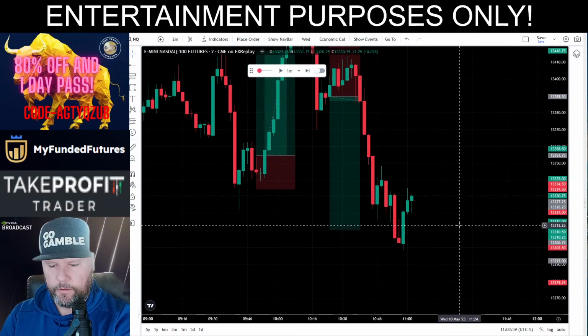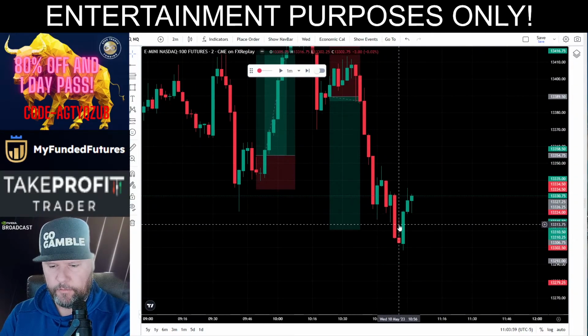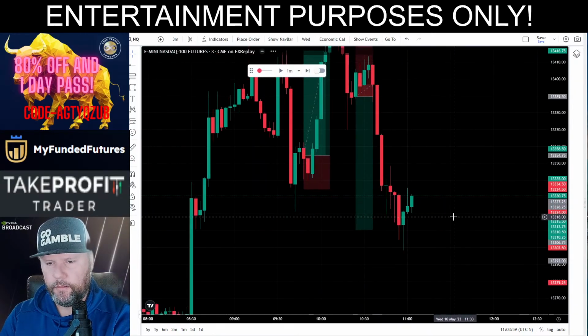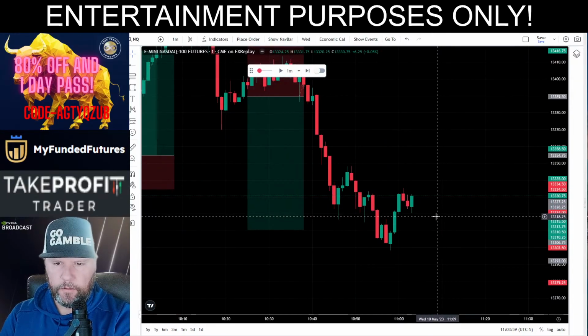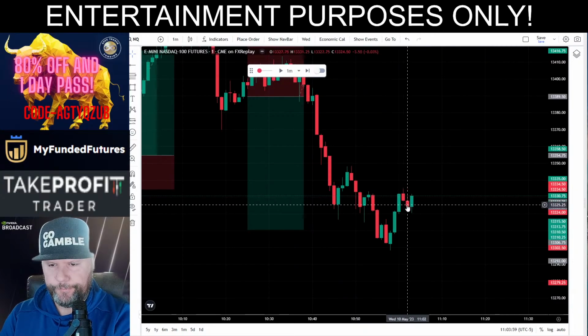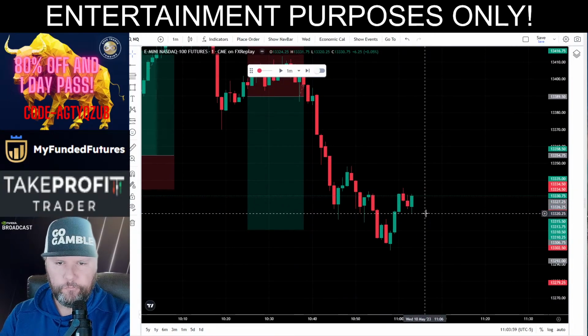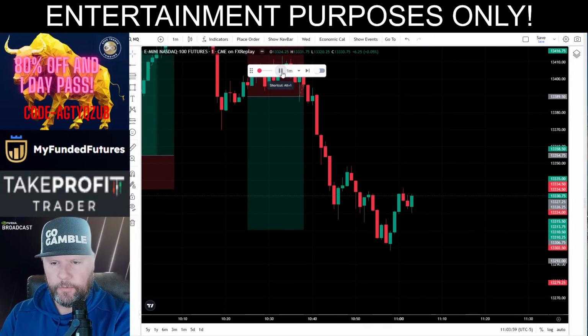I don't hate the look of this one actually back to the upside either. You have a 1 minute, the only inverse there is on the 1 minute. We'll skip it. I think it works.